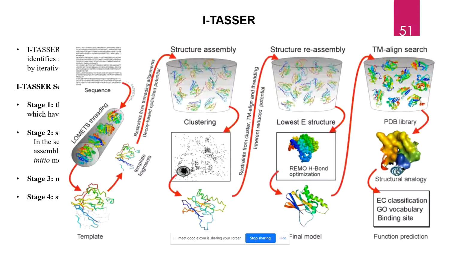Generally the loops and the tails are the unaligned regions, because the loops are highly dynamic, and as they are highly dynamic, they have different kinds of amino acids which are not going to align with one another, right? These unaligned regions are built by ab initio modeling, because you can't find any template for the unaligned regions, so you have to depend on ab initio modeling.